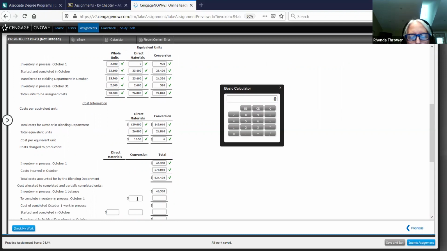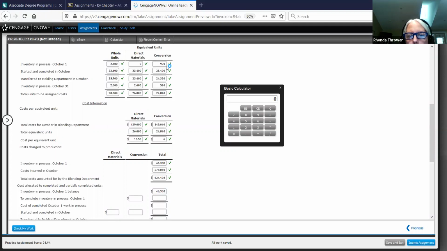They want you to calculate that to complete the beginning inventory. And this is how we do this. Remember, in our equivalent units, in our beginning inventory, we said that 920 units were conversion units that we did not finish last period that need to be finished this period.